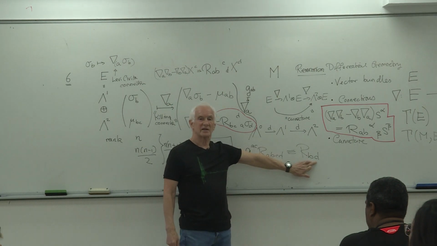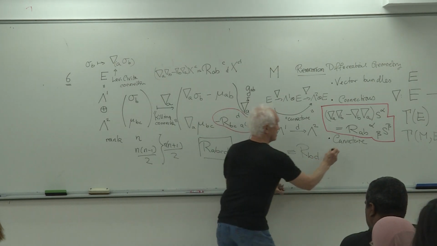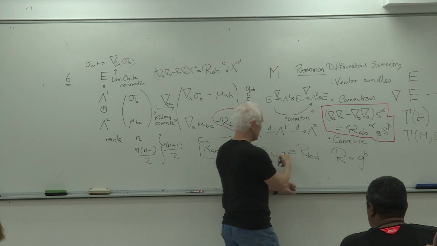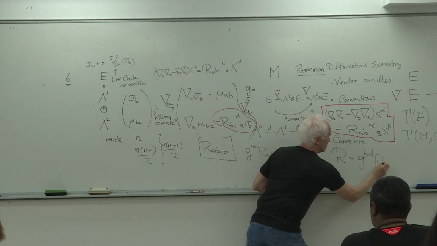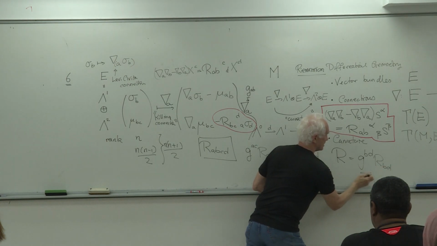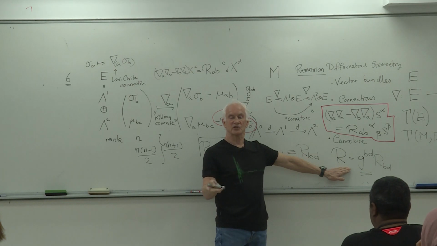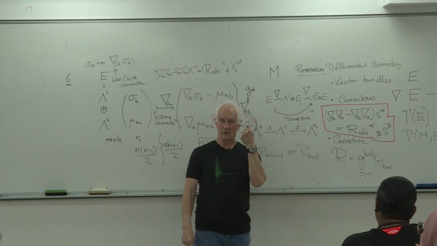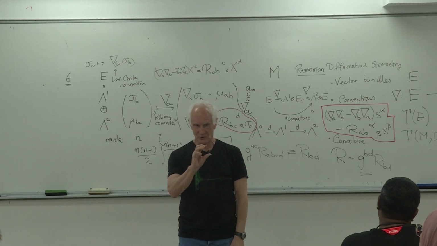Even if you extract even weaker information about this, suppose you look at R, which is taking another trace. So g, this is my notation for the inverse metric. This actually gives you a scalar function on the manifold, but it's an invariant scalar function. If its value at one point is 6, that's not something you can ever change.